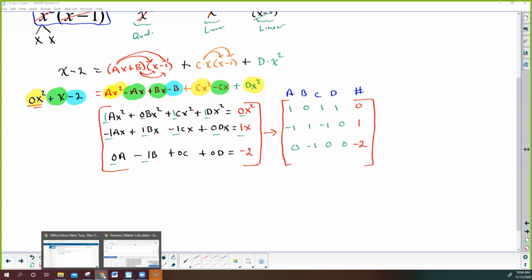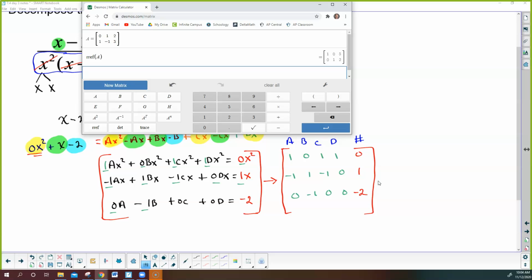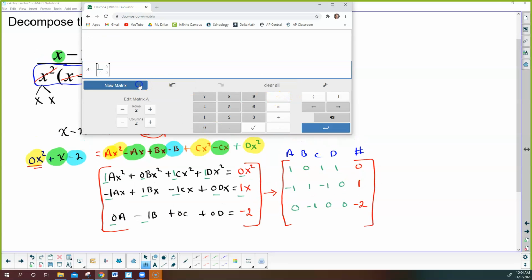So now grab your Desmos calculator, and we're going to create a new matrix. I just like to clear everything. New matrix that is 3 rows by 5 columns.